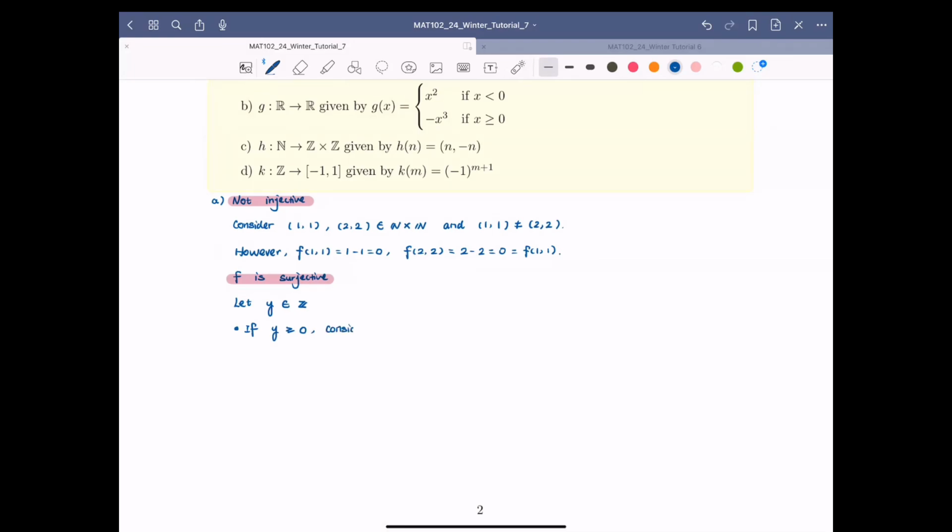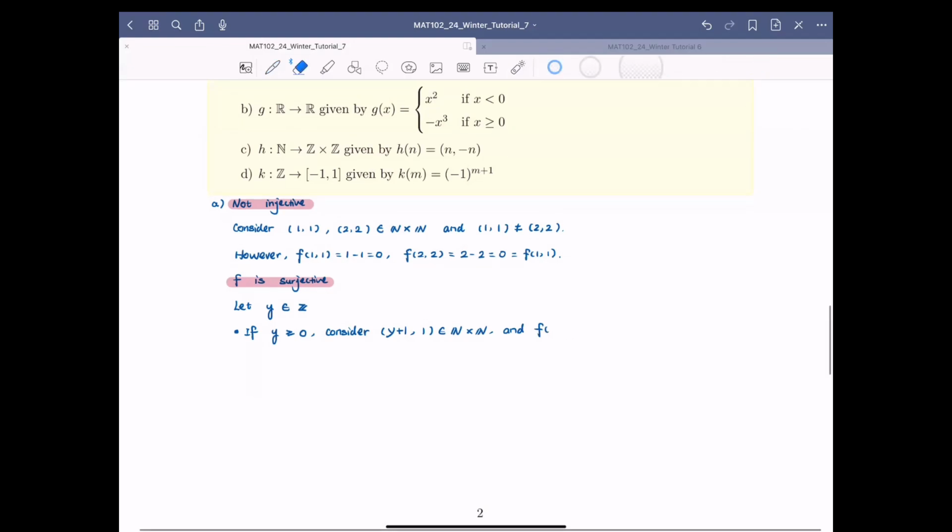Consider, we can fix b to be 1, so consider (y plus 1, 1) in natural Cartesian product natural, and f of (y plus 1, 1) equals y plus 1 minus 1, which equals y. So the first case is done.